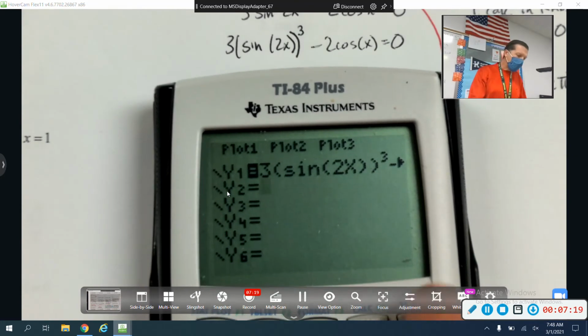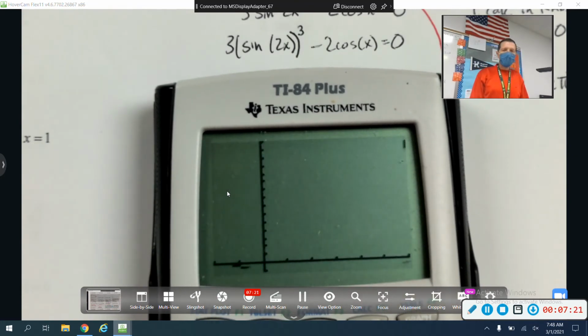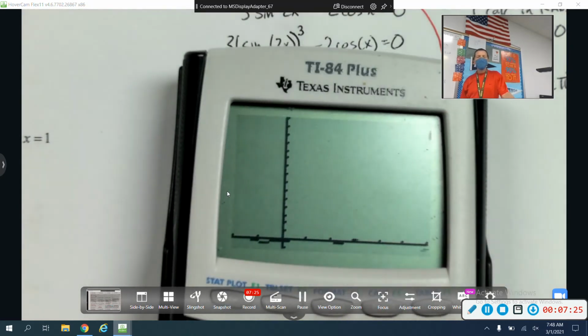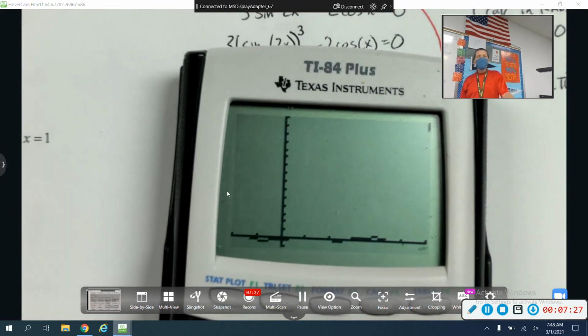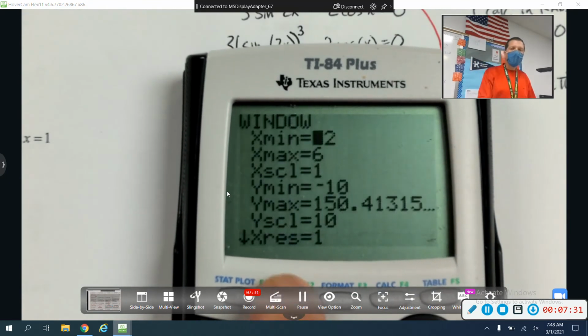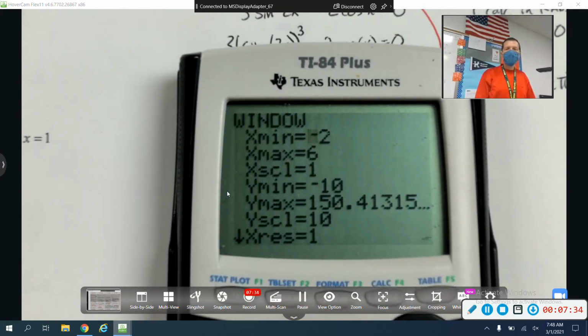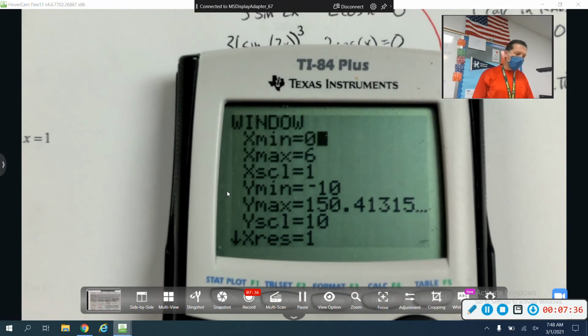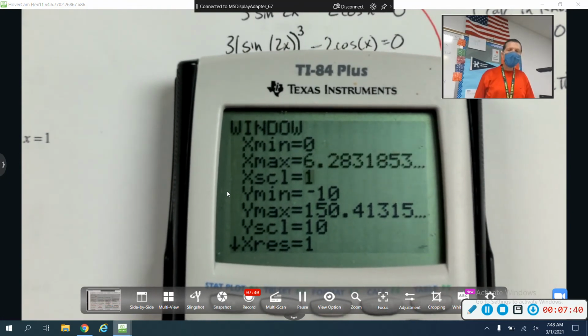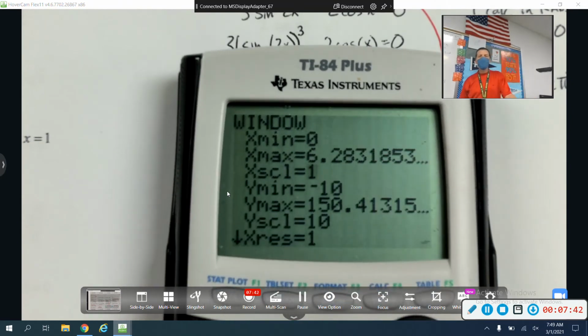And I can graph that. I'm on a weird scale right here. So I'm going to go to window. Oh, that's why it looks weird. I'm going to go from 0 to 2 pi, because that's all I care about for my x's. So 0 to 2 pi for my x window.